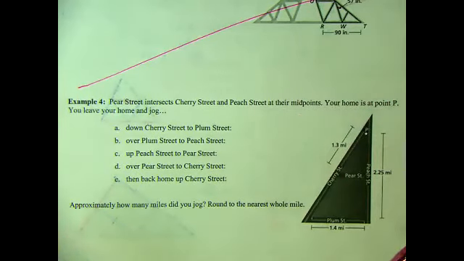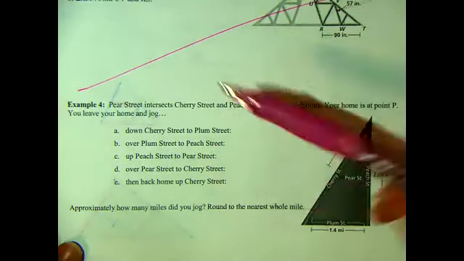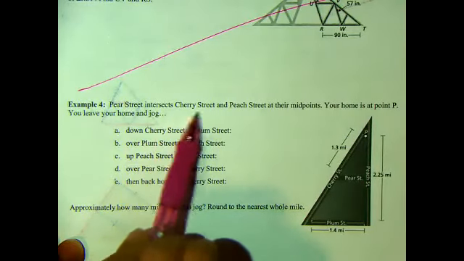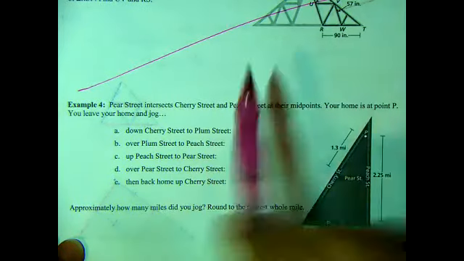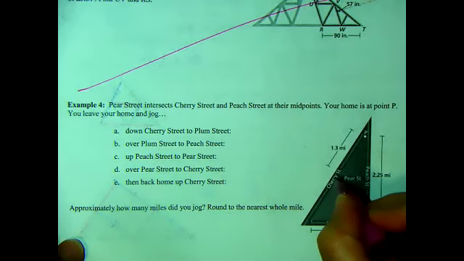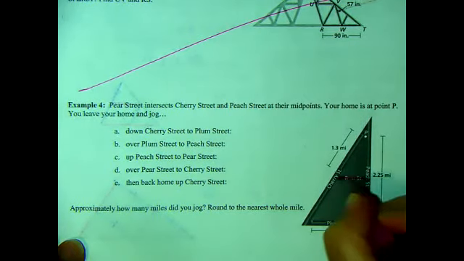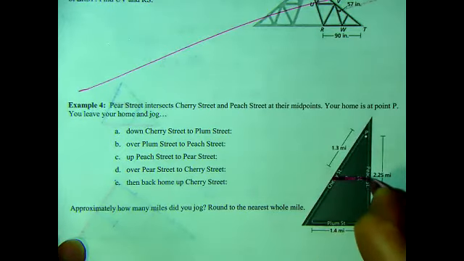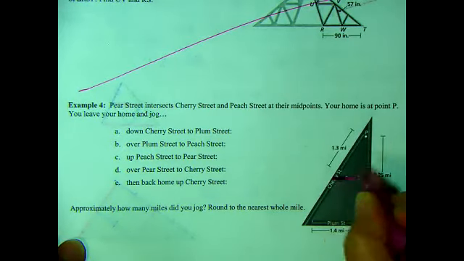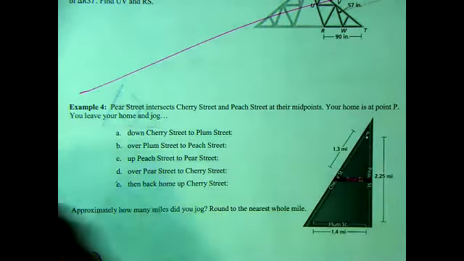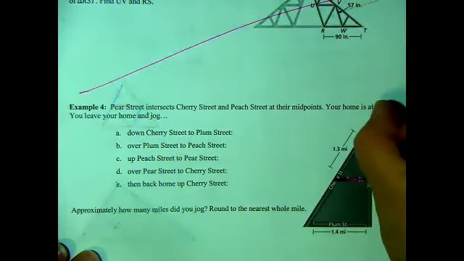We have a situation here. It says Pear Street intersects Cherry Street and Peach Street at their midpoints. Your home is at point P, right here.